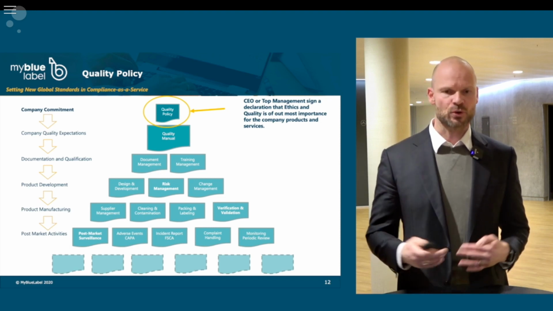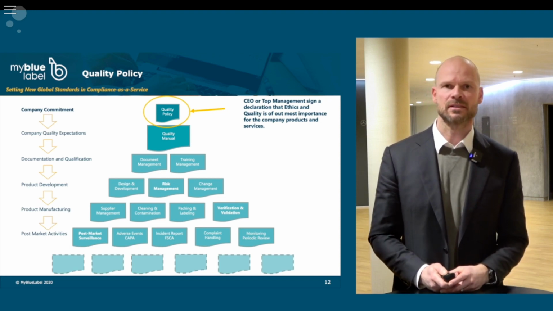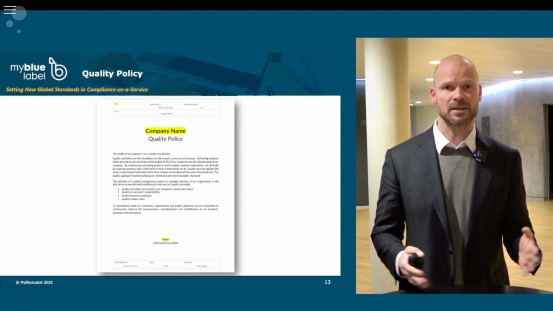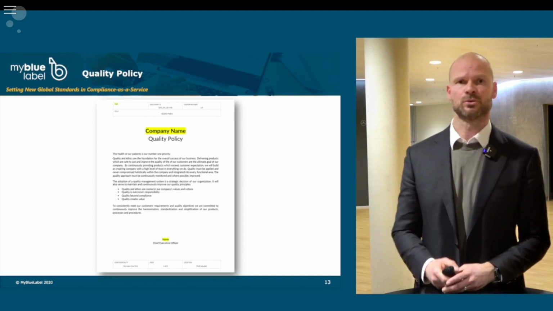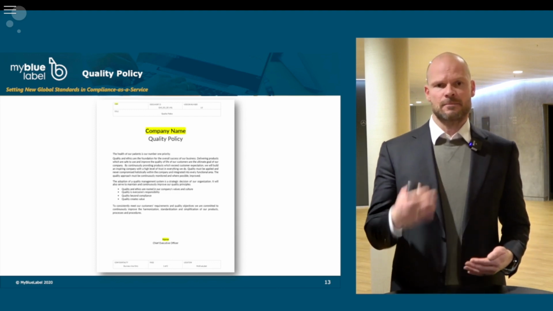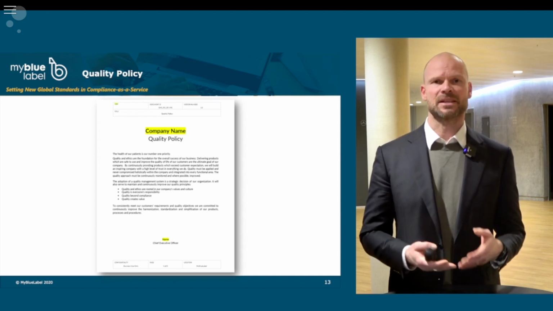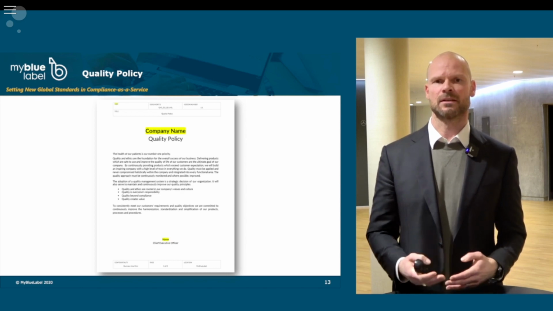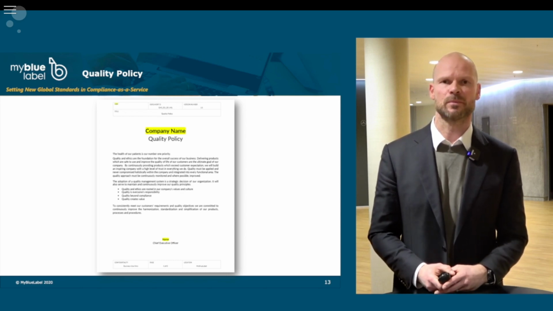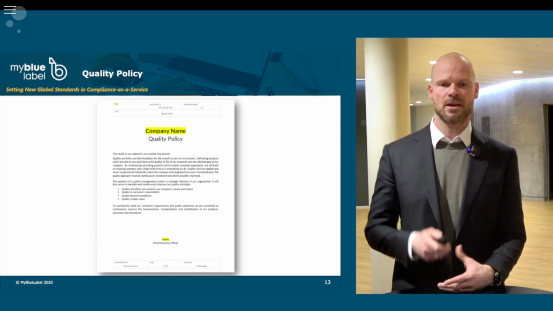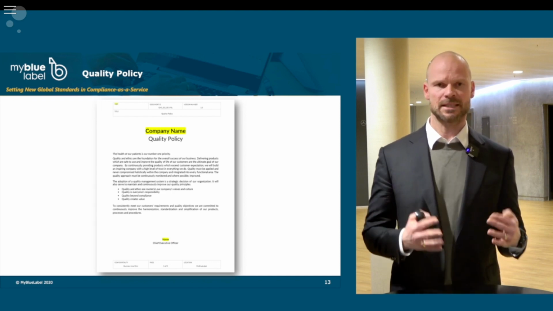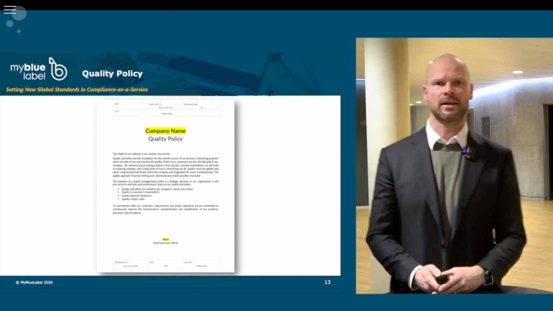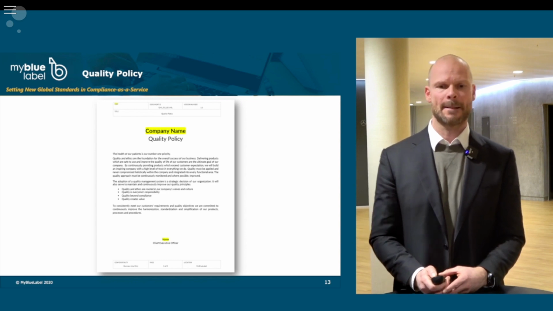And just to show you an example of a quality policy, it can be a simple document where you just sign that quality is a business advantage, with all the different topics and objectives that are important for your company, supported by quality. So you can now see that there's a higher goal behind this quality management system.